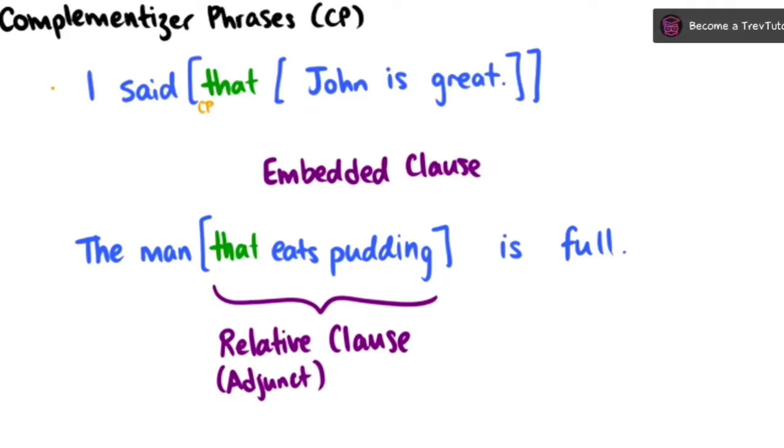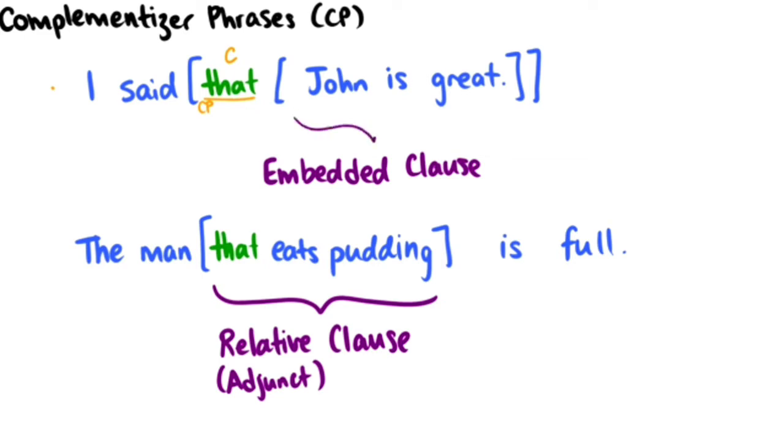So "that John is great" is a complement phrase headed by the complementizer "that." This is not the same "that" we see in the determiner. This introduces another clause, the embedded clause "John is great."